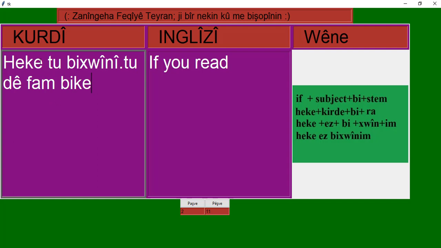Heke is if, de is the subject, b is the prefix we use before khwanden. The stem of khwanden is khwin, and the ending comes accordingly to the subject. If you read, you will understand.